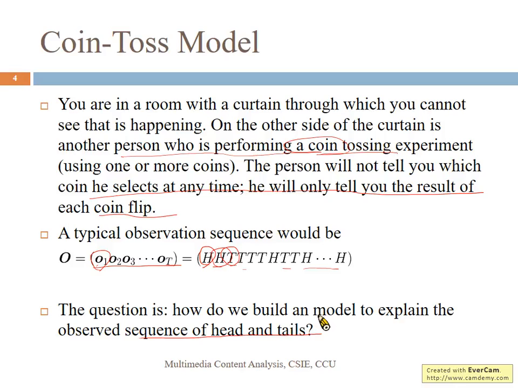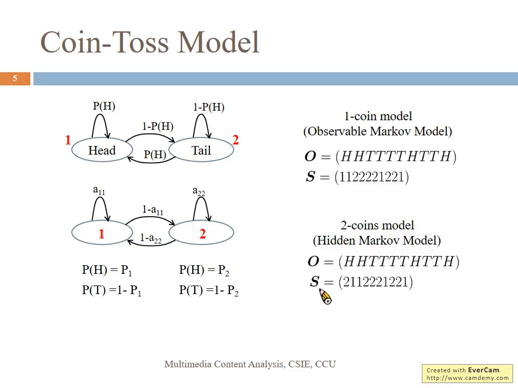The problem is we don't know how many coins there are and which coin the person selects. And for each coin, the result may be head or tail. So assume that there is only one coin. So we can build a one coin model.